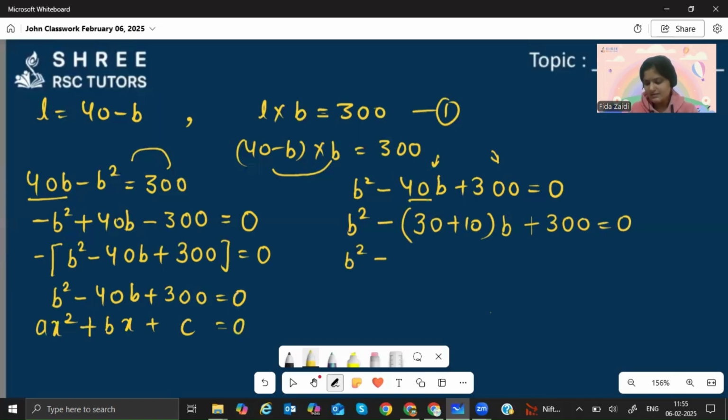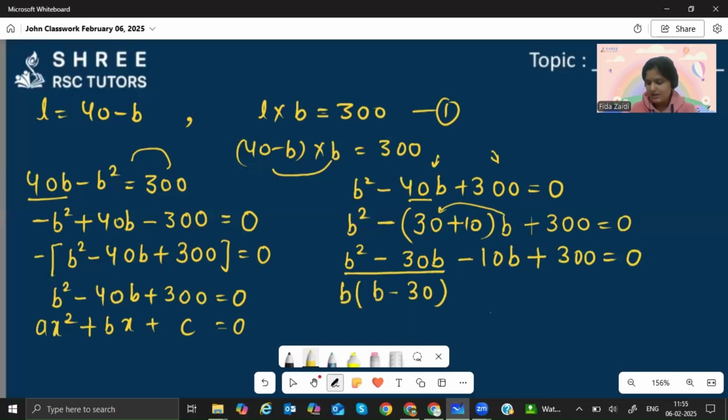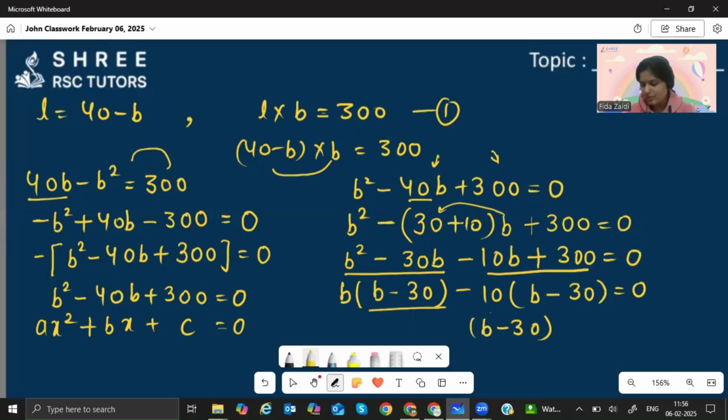B square minus 30B, minus 10B plus 300 is equals to 0. Then take the common B minus 30 in this, and here we can take the common minus 10, B minus 30. So here you are getting two brackets B minus 30. You take again common B minus 30, and the remaining part is B minus 10 is equals to 0.